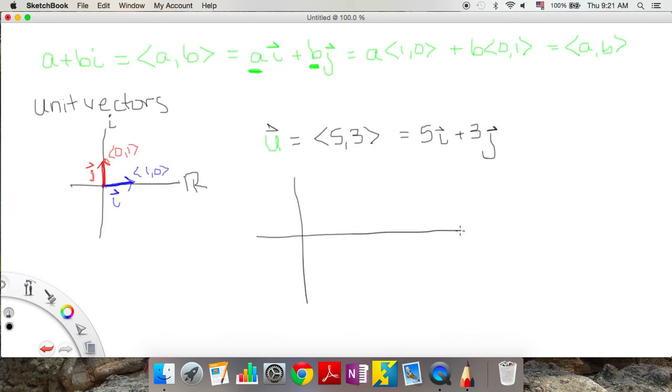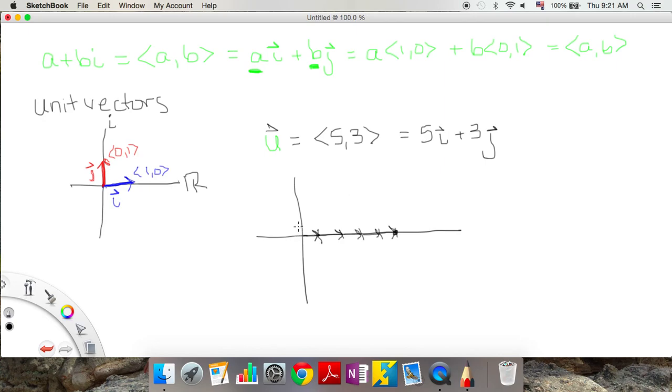So if our unit vector is here, this is i, we do that 5 times. 1, 2, 3, 4, 5, and we end up out here.